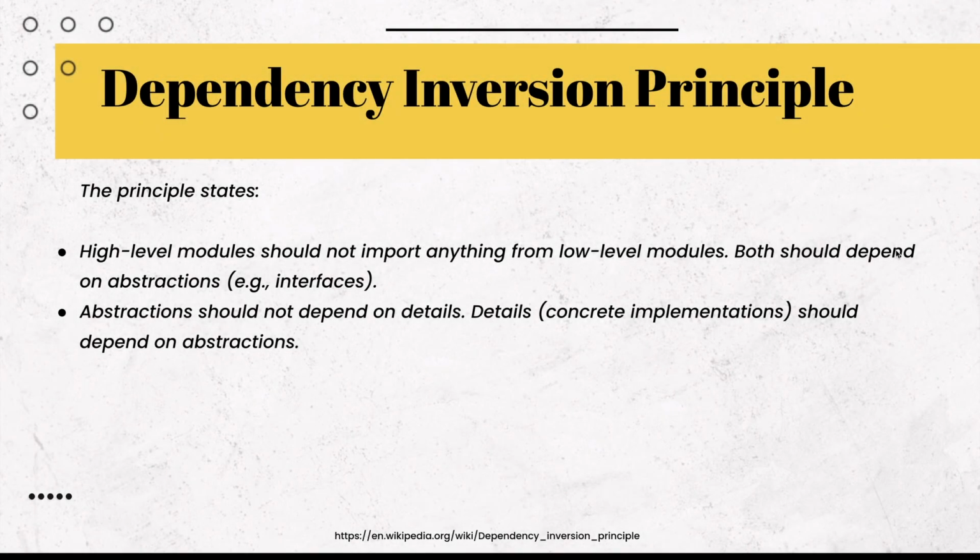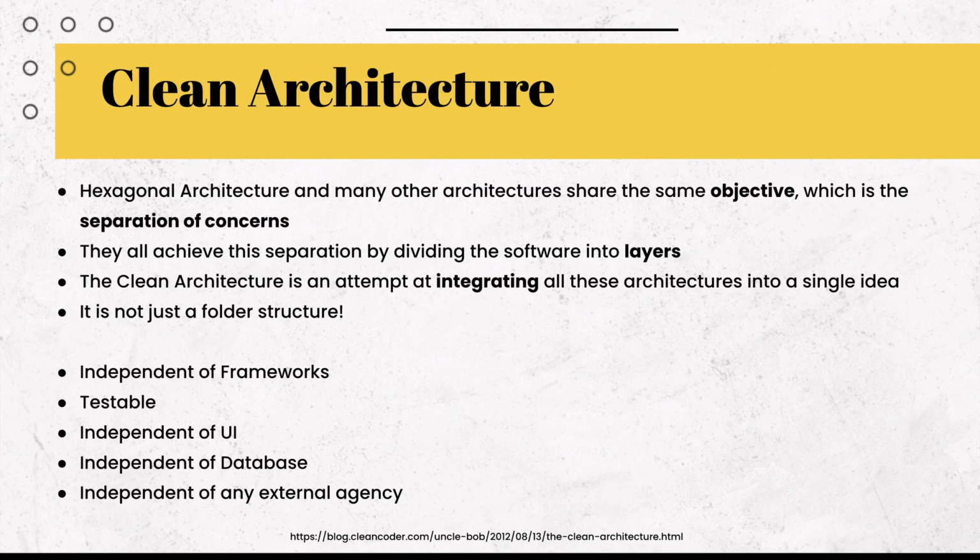Okay, so now that we have seen how to create ports and adapters and how to use the dependency inversion principle, we can now start to talk about clean architecture. And the clean architecture basically is an attempt at integrating many architectures into one single idea. As you have seen, hexagonal architecture and many other architectures share the same goal, which is the separation of concerns.